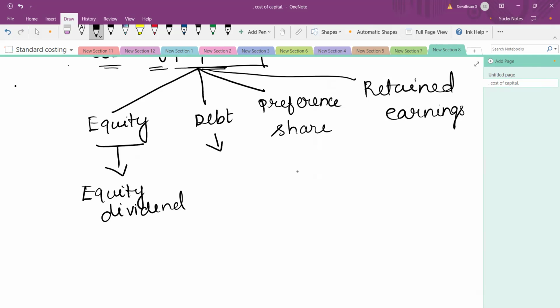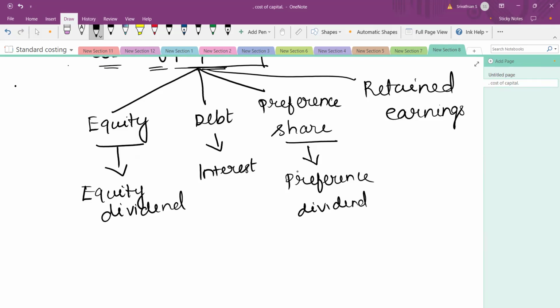If an organization is raising finance in the form of debt, the organization has to pay interest to the debt holders or debenture holders or bond holders. So debt is a form of capital, and there is a cost associated with that form of capital, which is nothing but interest. Similarly, for preference shares, the company has to pay preference dividend to the preference shareholders.